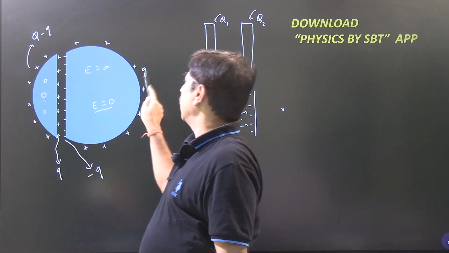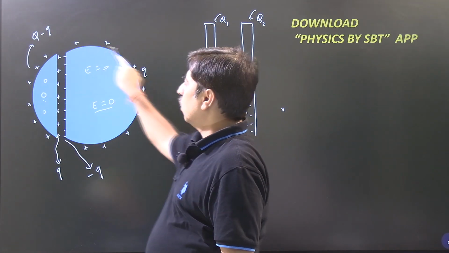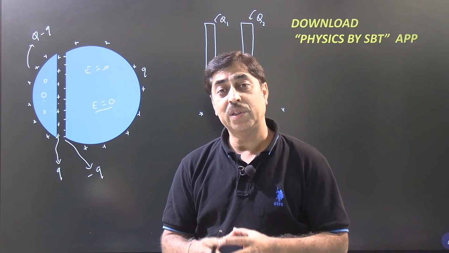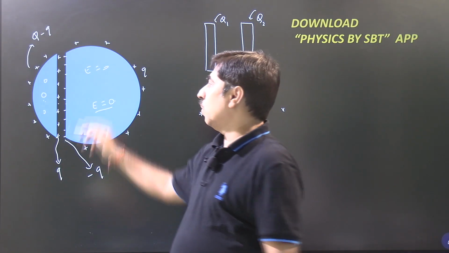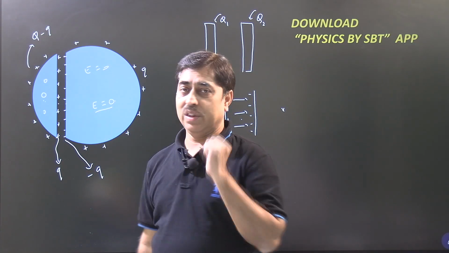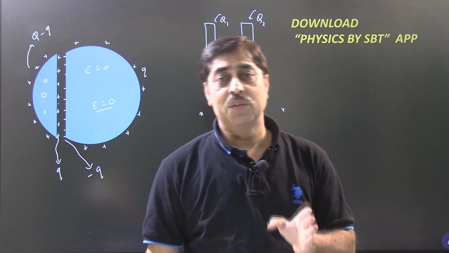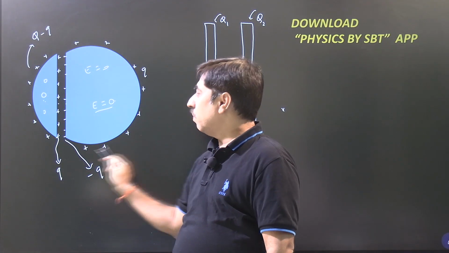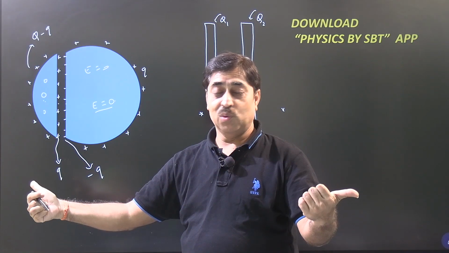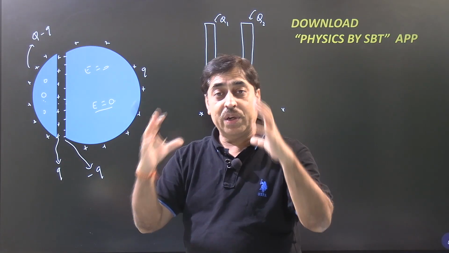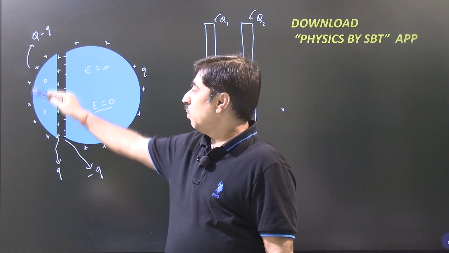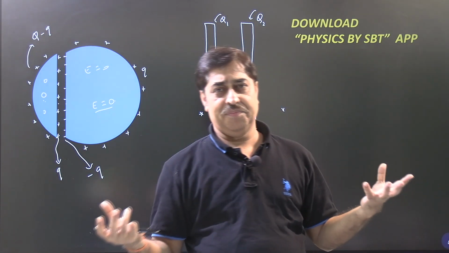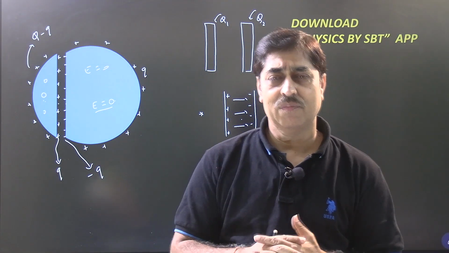So Q minus q and q add up to capital Q. So capital Q charge is present on the entire surface and it has been distributed such that it produces 0 electric field at all inside points. We all know that this is possible in only one manner, when the charge is distributed uniformly on the surface, full stop. So a capital Q amount of charge is distributed uniformly on the surface as if it is a complete sphere. More or less this is true.